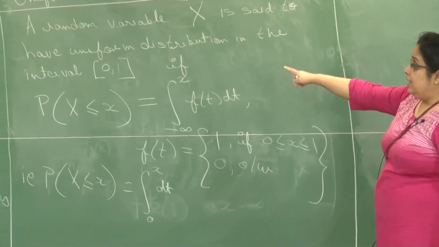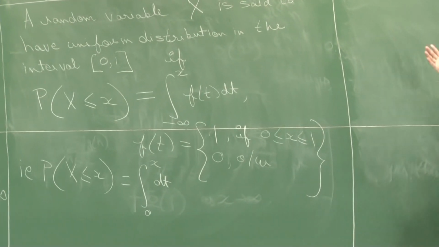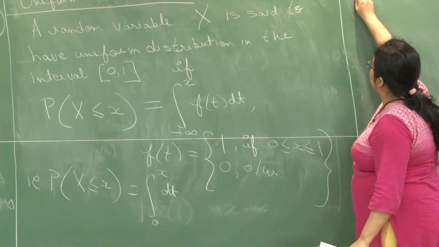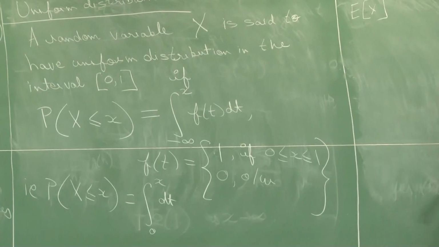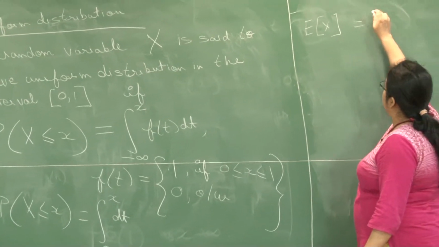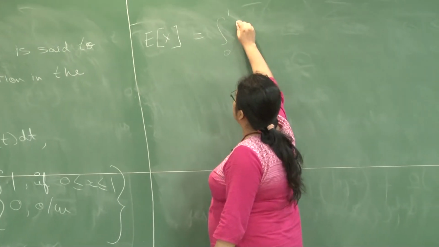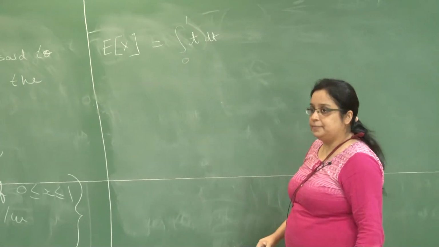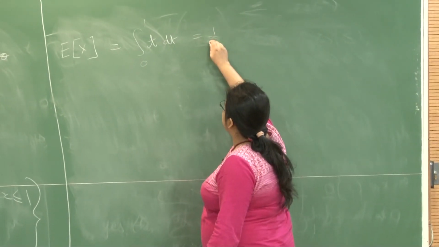Given a random variable which has a uniform distribution on the interval 0 to 1, what is the expected value of this random variable? It is just the integral from 0 to 1 of t dt, right? And so, this is just half.